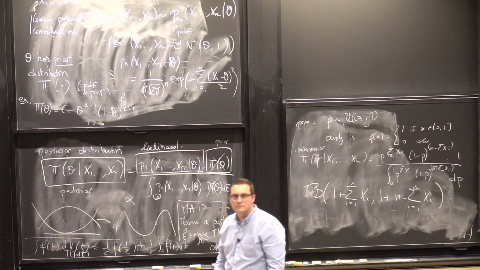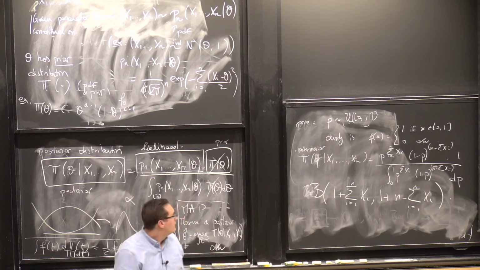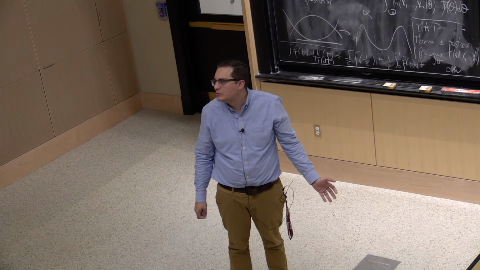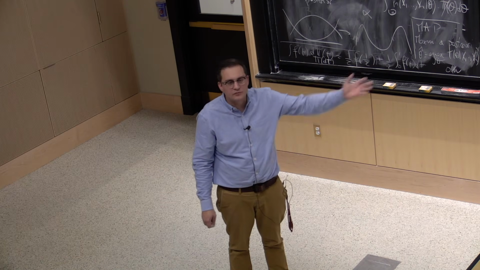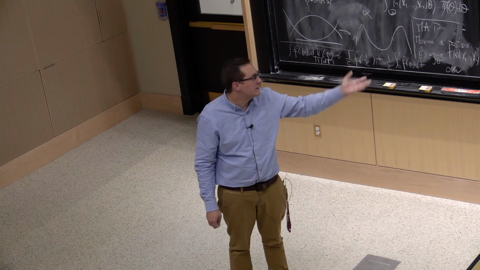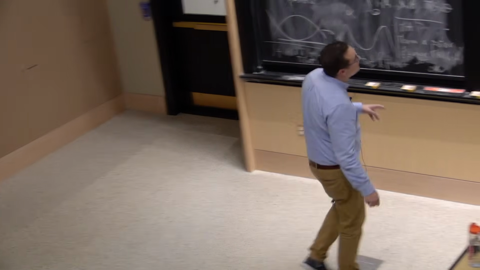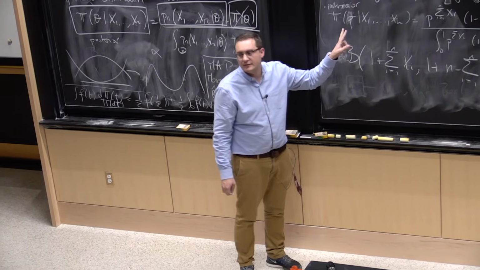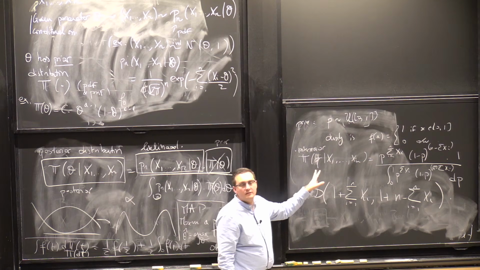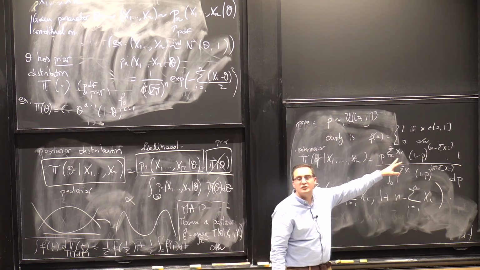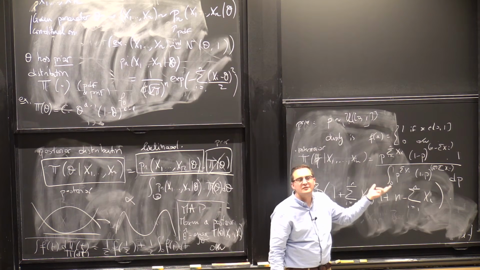I didn't tell you what the expectation of a beta was, right? We don't know what the expectation of a beta is. If I wanted to find the expectation of this thing, that would be some good estimator. We know that the maximum of this thing is the average of the xi's, the maximum likelihood estimator for Bernoulli.